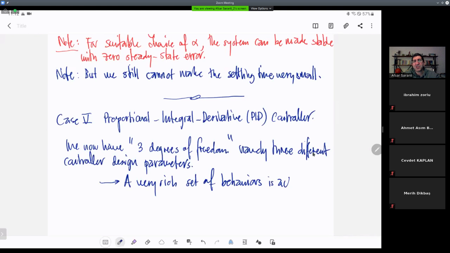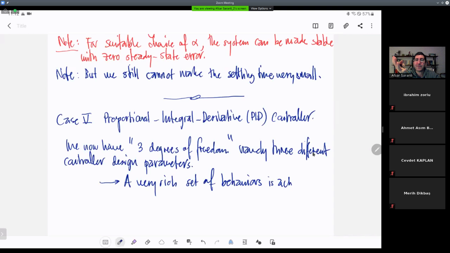But the disadvantage is that the design of the controller now is much more difficult, because remember, root locus gives us the ability to design for 1 parameter. If we have 2 parameters, we can sort of still survive, because we make choices for one of the parameters and still use root locus or other techniques to analyze the other free parameter.